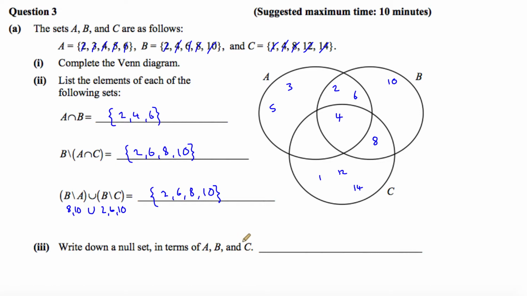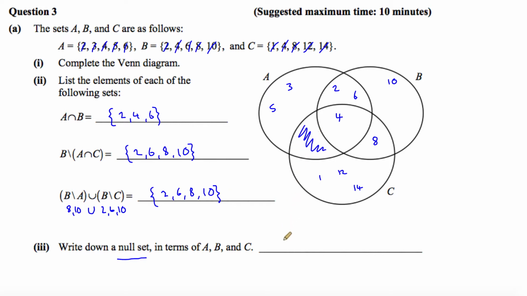Okay, so part 3 then says write down a null set in terms of A, B, and C. Well, a null set is a set with nothing in it, or part of a set with nothing in it. Part of the Venn diagram with nothing in it. So we can see that that would be this region here. There's nothing in here. So we need to describe this in terms of A, B, and C, similar to what they've done in part 2.